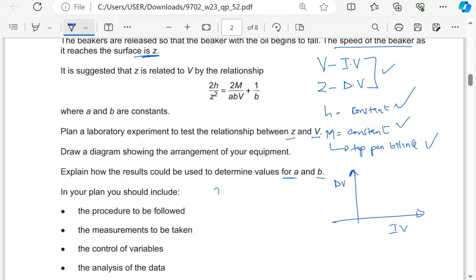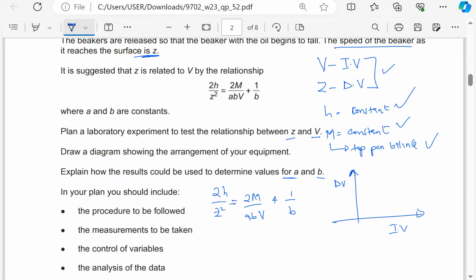So when I look at the equation 2h over z squared equals 2m over a b v plus 1 over b, I want to make the dependent variable stand alone. The dependent variable is z. So I'm going to take 2h to the other side.